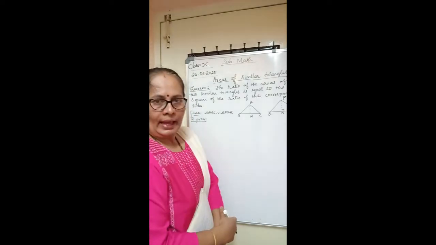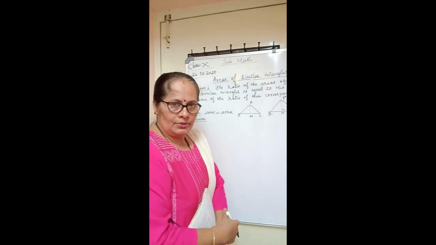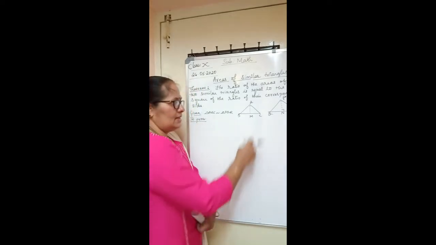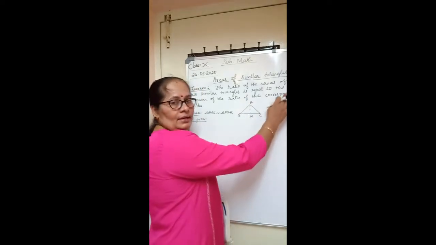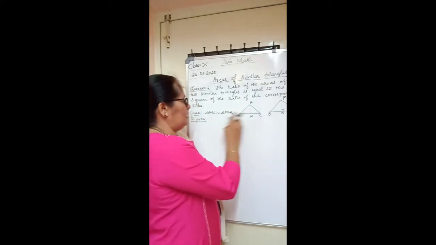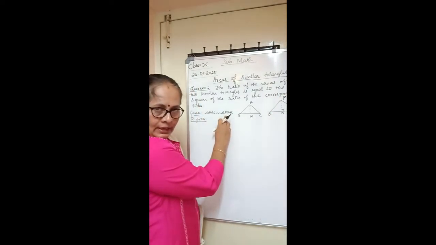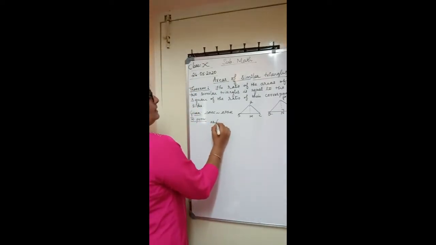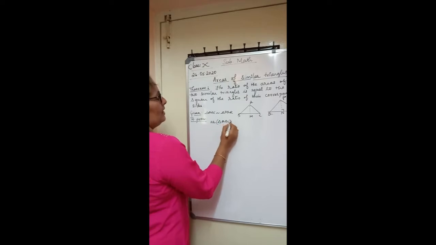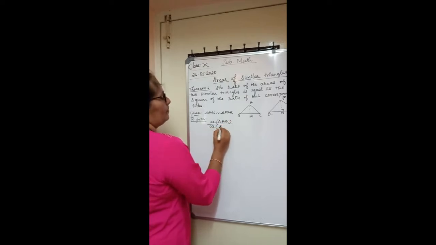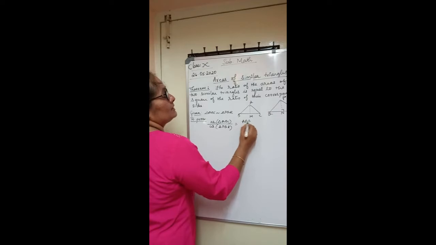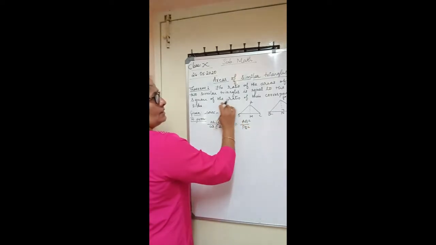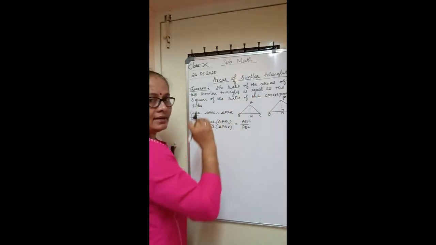Now we take two triangles ABC and PQR. The given condition is triangle ABC is similar to triangle PQR, and you have to prove that the ratio of the areas, that is area of triangle ABC upon area of triangle PQR, equals AB square by PQ square, the squares of the ratio of their corresponding sides.